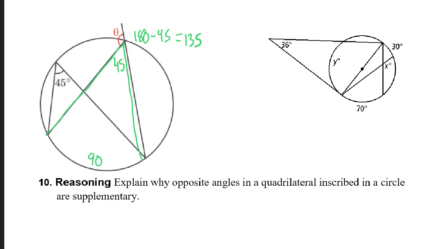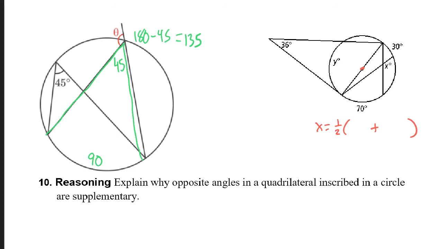Okay, over here we have a couple things. We have x being in the circle, so x is half the sum of two arcs. We have y being an arc. I can see that 36 is going to be helpful here. I also see a center, so diameter.